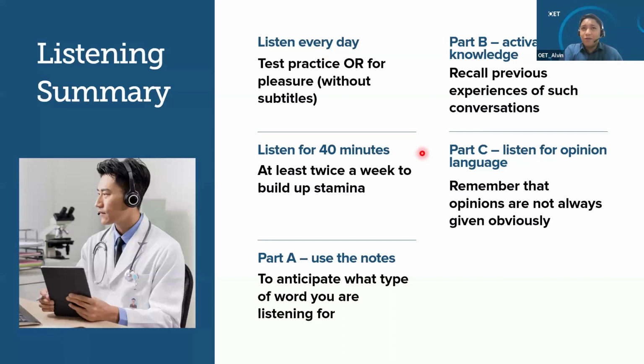Maybe as much as possible, try to access our sample tests, test practice, or for pleasure. You might also listen to other resources without subtitles, which is much better. It could be even some series or movies related to healthcare. I think that could be helpful if you want to practice for listening subtests. Second, listen for 40 minutes, at least twice a week to build up the stamina in listening. It's very important.